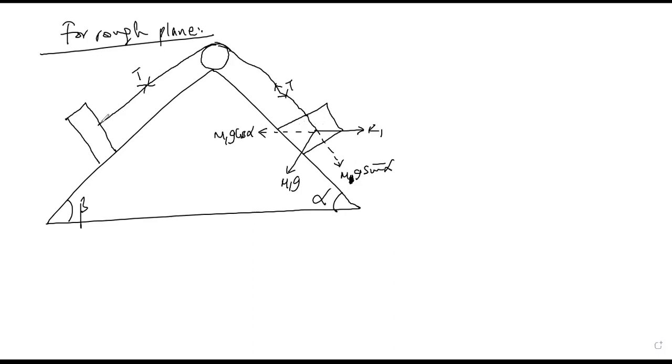Similarly, if this weight is m2g, it has got the normal reaction R2. And this one here will be m2g cos beta, whereas here we shall have m2g sine beta.